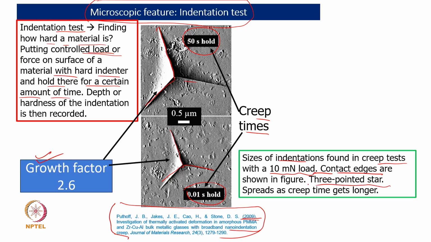So, this is a 3-point star, and as the creep time increases, this spread will be on a higher side and get bigger and bigger. That is what we can do, and in fact, more studies can be done in this manner.